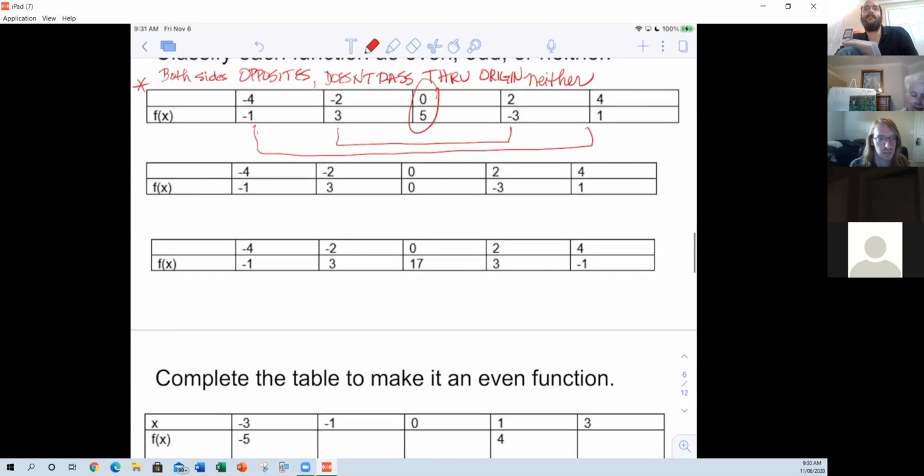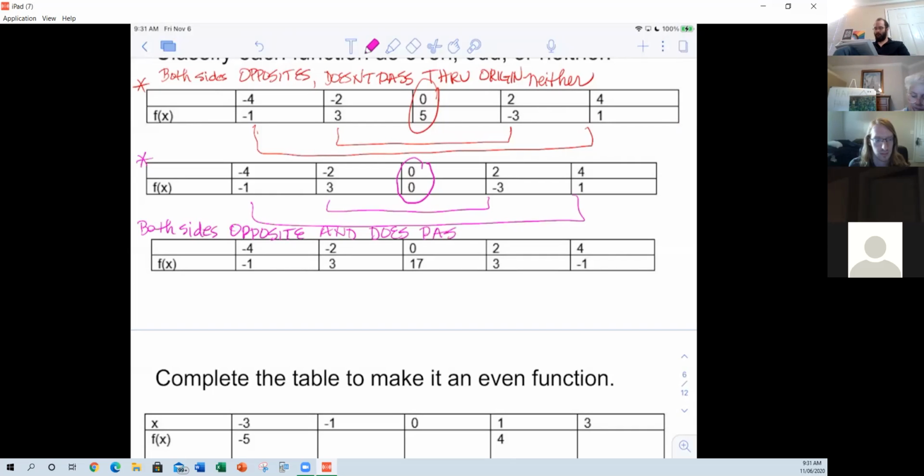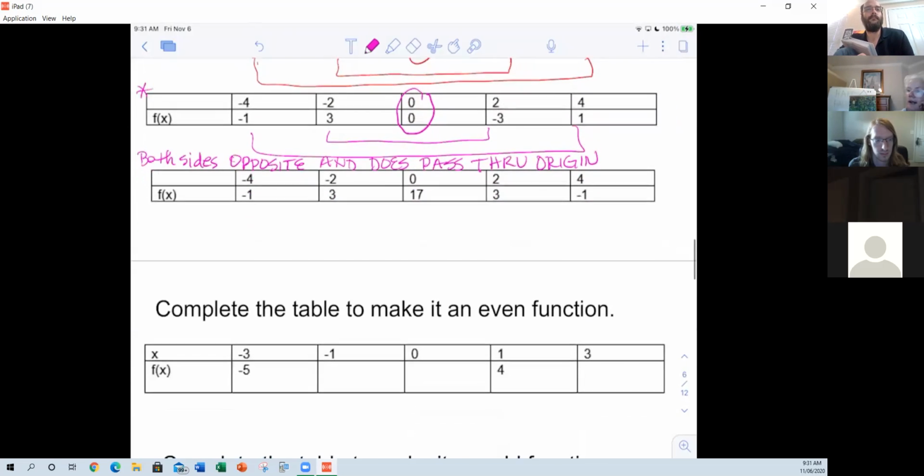Okay. What about the second one? Odd. It would be odd, right? Okay, so all those O's: opposite, origin, odd.